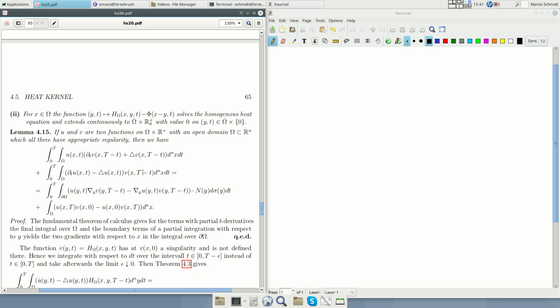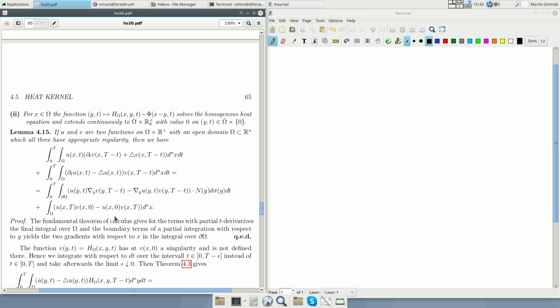And so by the fundamental theorem of calculus, we obtain for this integral this difference, evaluated at small t equals capital T minus evaluated at small t equals 0.